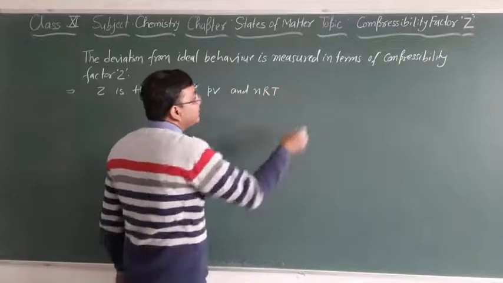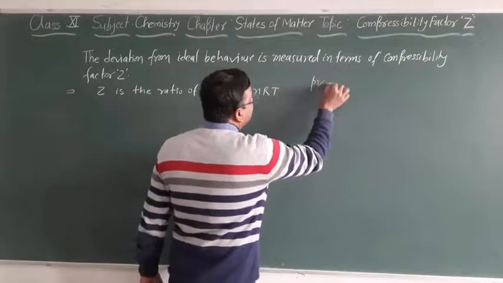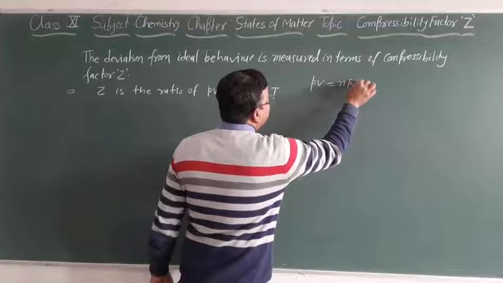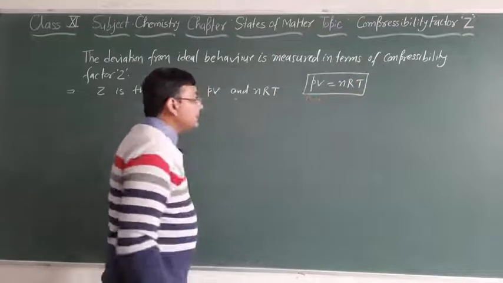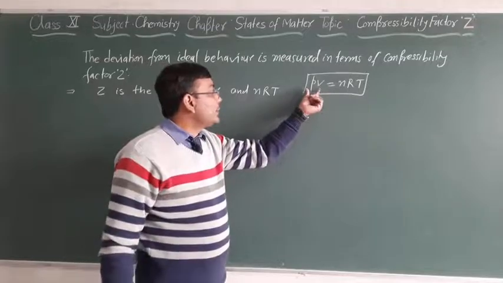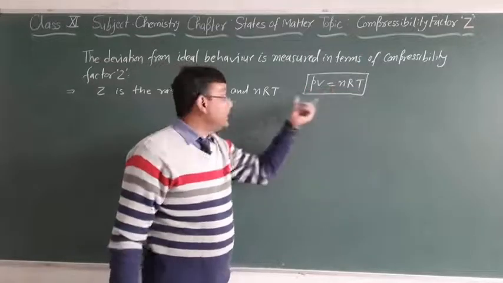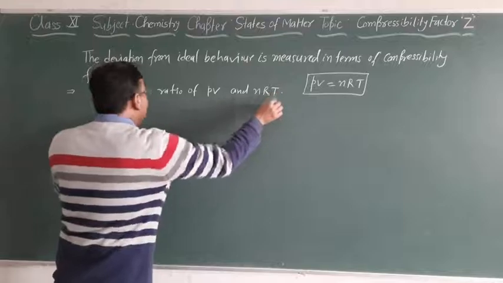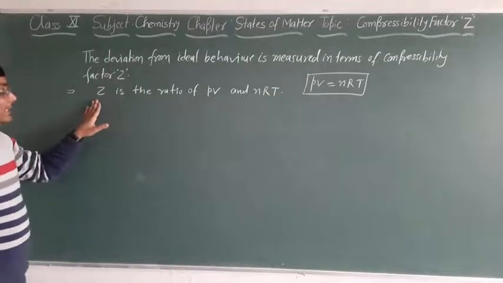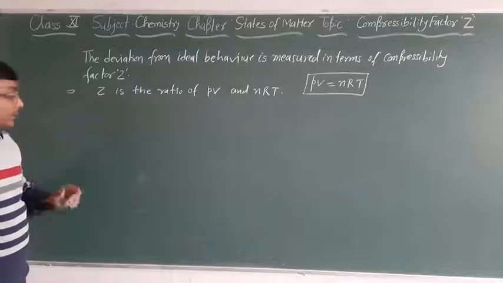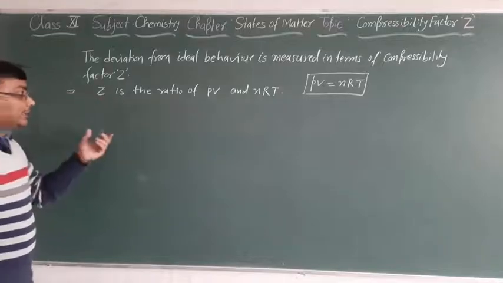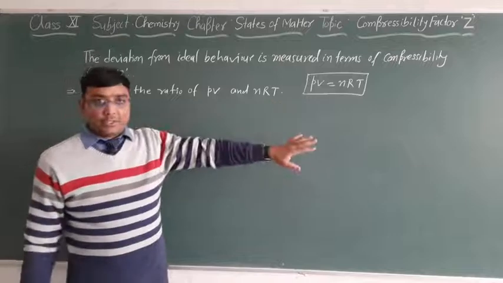As we know the ideal gas equation PV is equal to nRT, so the ratio of PV with nRT, we define a term Z that denotes the compressibility factor. So compressibility factor is the ratio of PV and nRT.